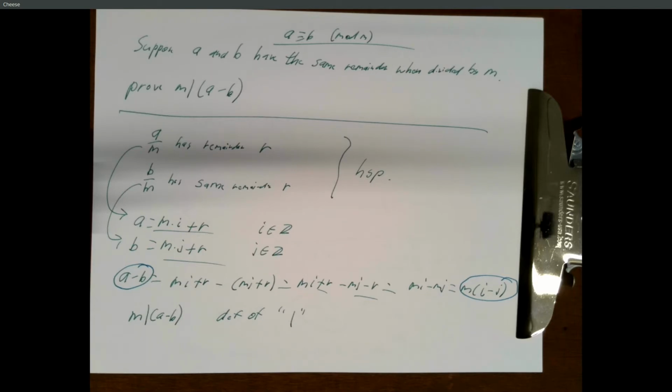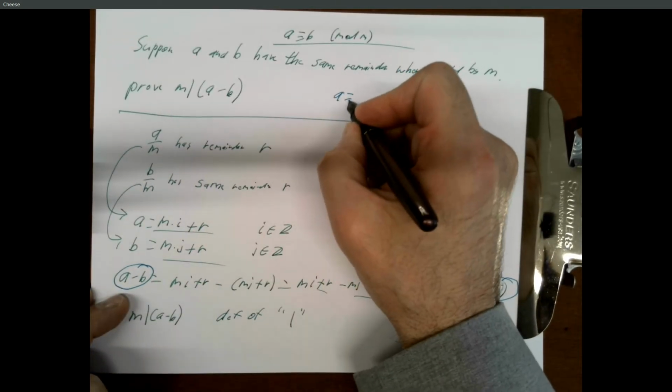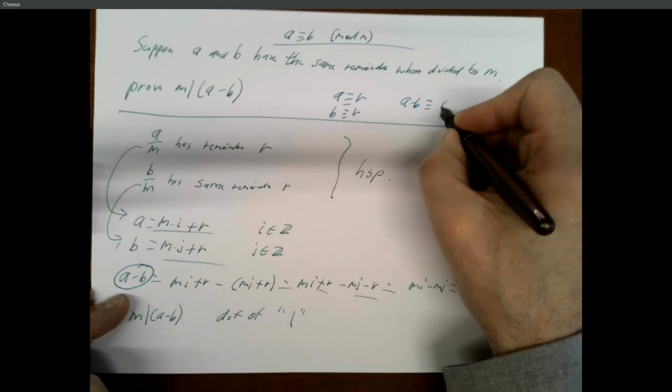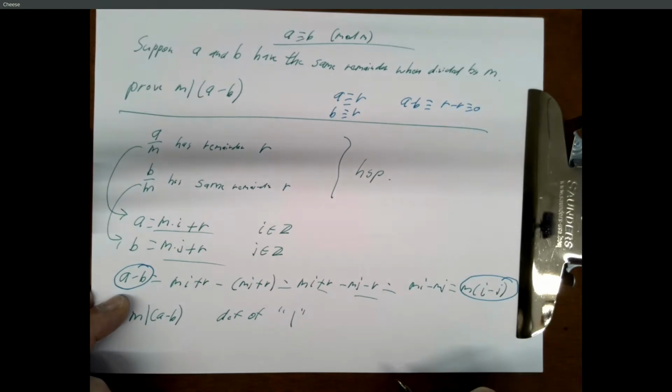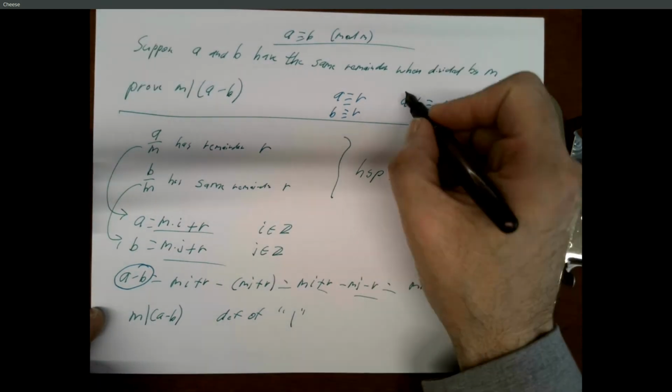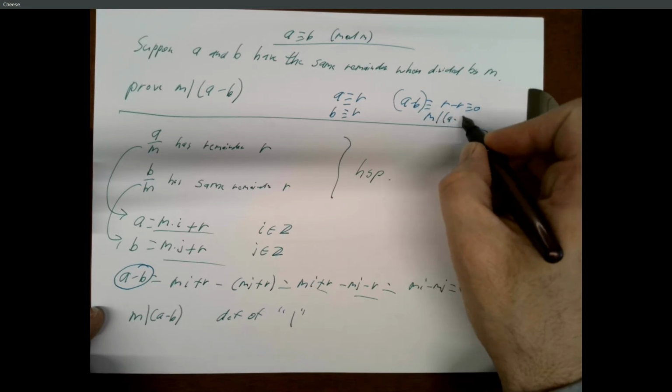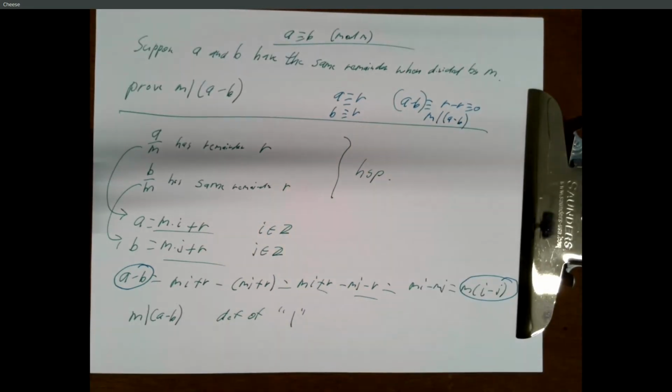So I mean, that would be the power of modular arithmetic: this is really just saying a is congruent to r and b is congruent to r, so a minus b is congruent to r minus r, which is just 0. And if something is congruent to 0 mod m, that means m divides that something. So yeah, that comes out pretty quickly like that.